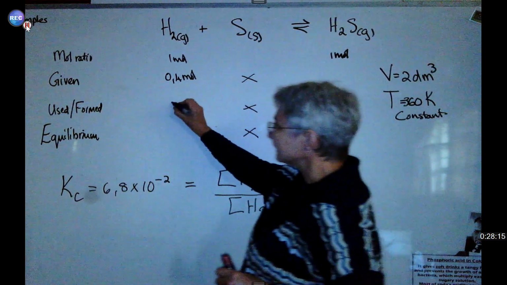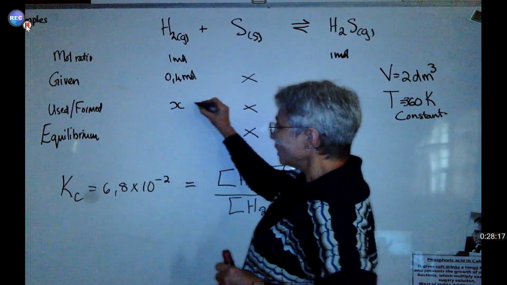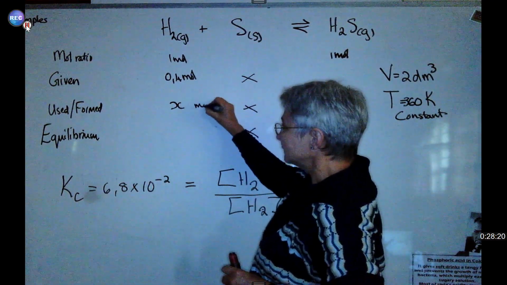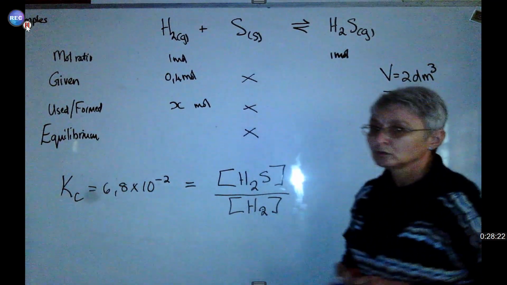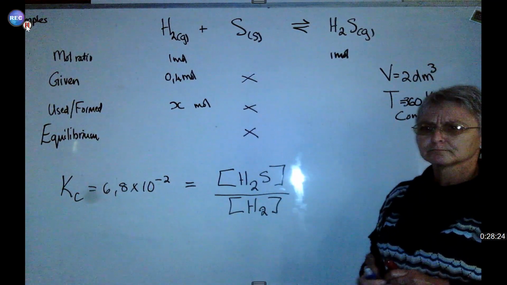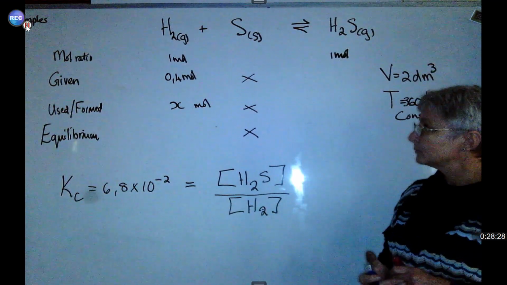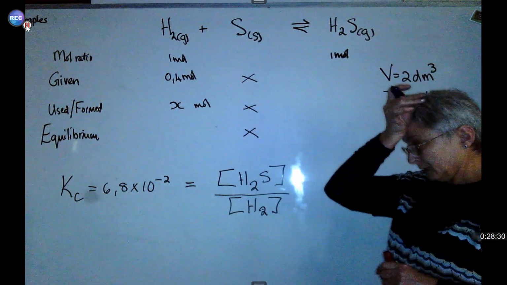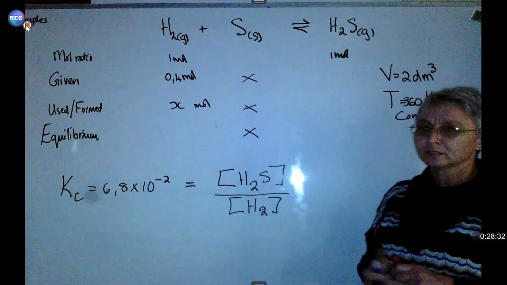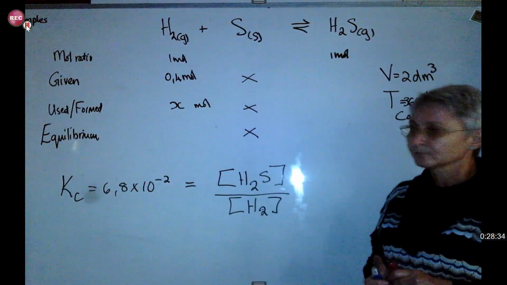So let's say X moles of H2 was used. How can I write a mole ratio for the sulfur? Because it's a solid, solids do not affect the equilibrium.